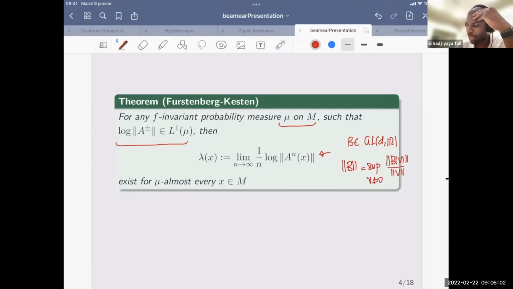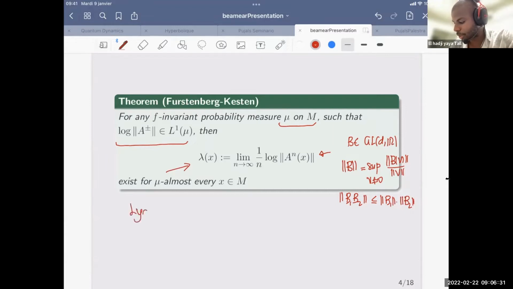What is good about this operator norm is that it's submultiplicative. The norm of B1 B2 is always less than or equal to the norm of B1 times the norm of B2. So when you put the logarithm, you get a subadditive function, and you are able to apply subadditive ergodic theory to prove this. So lambda of x exists for mu almost every x.